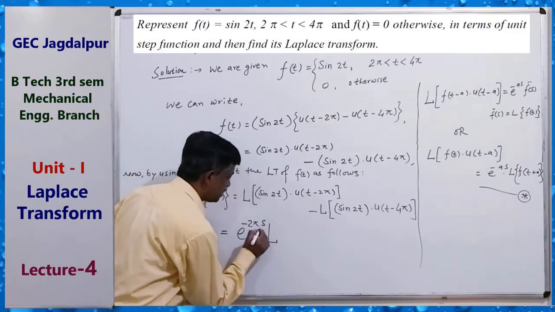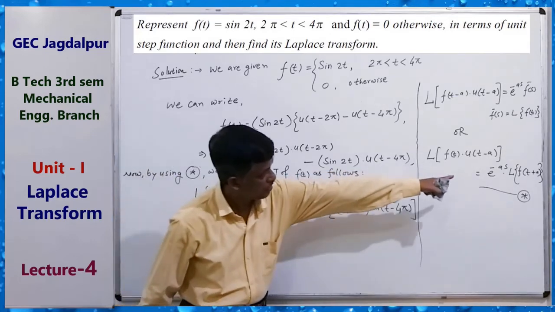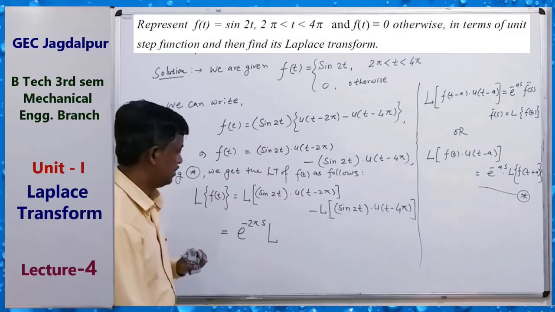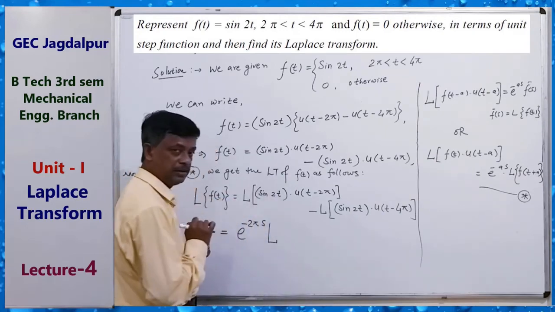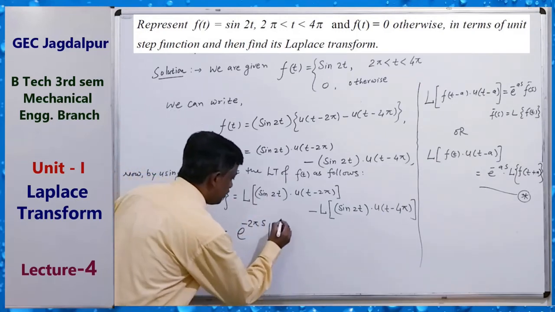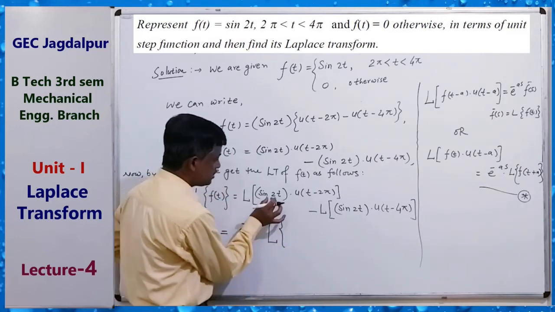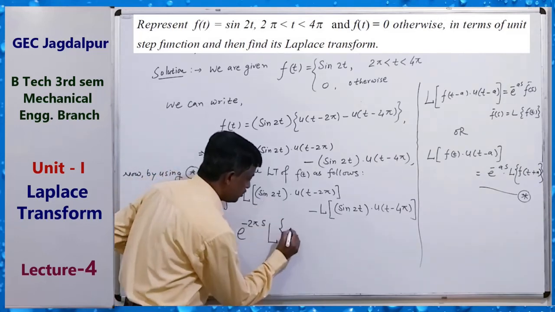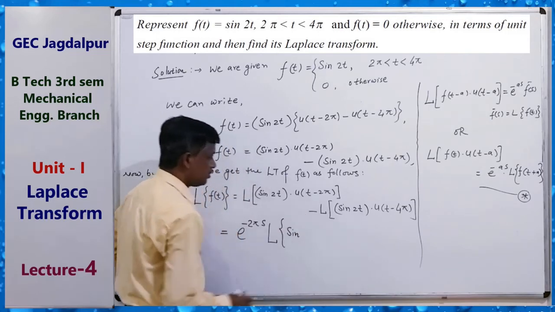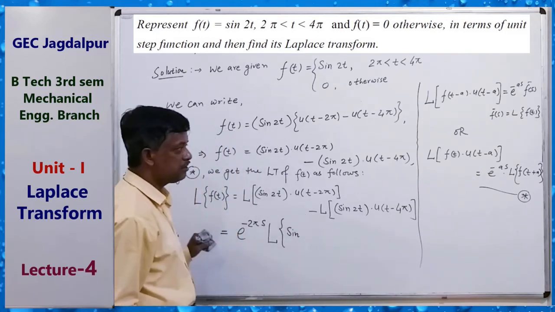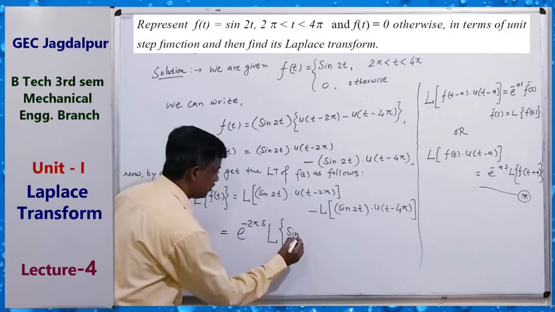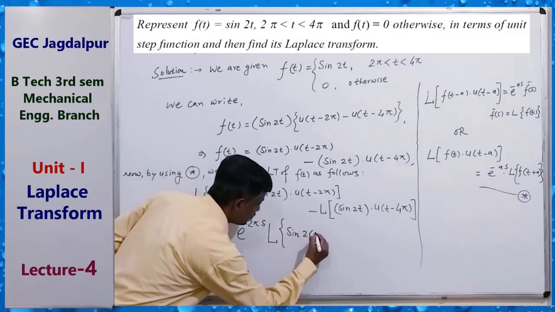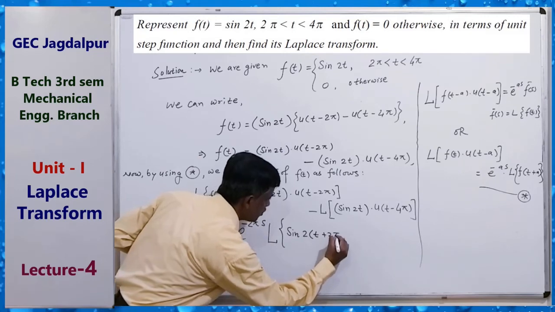Then the Laplace transform of f(t plus a), where f(t) means sin 2t. So in place of t you have to write t plus a. t plus a means t plus 2 pi. So sin 2(t plus 2 pi).